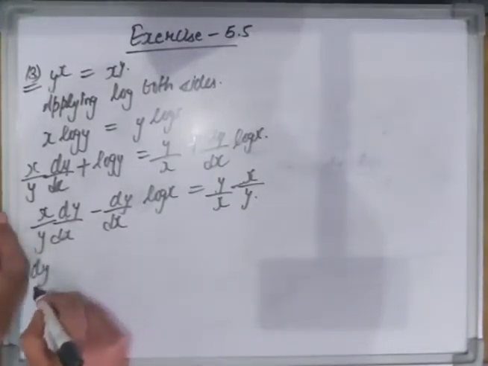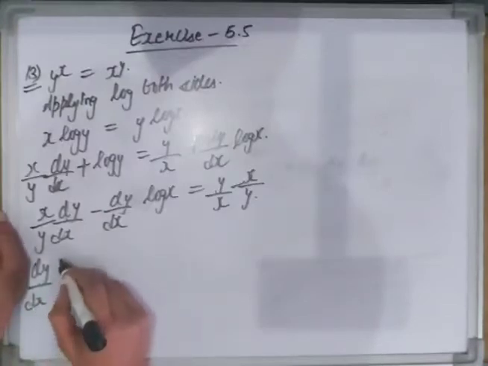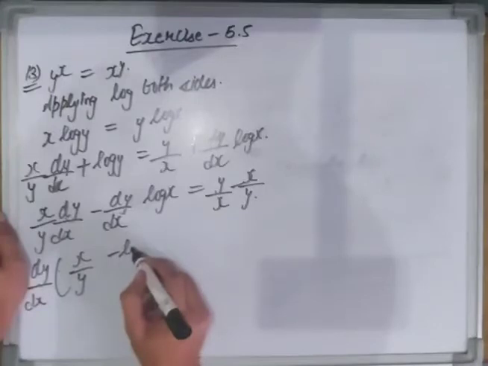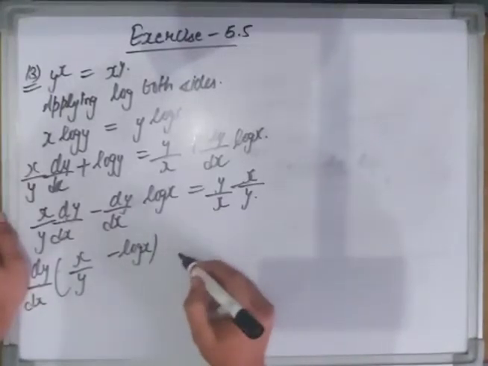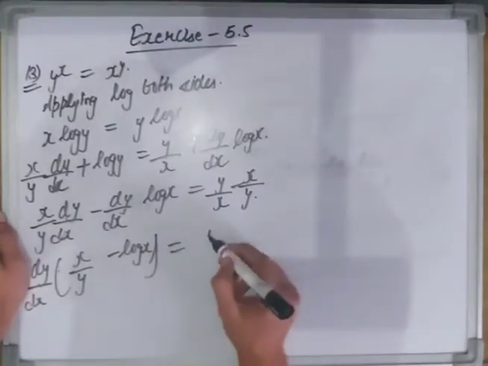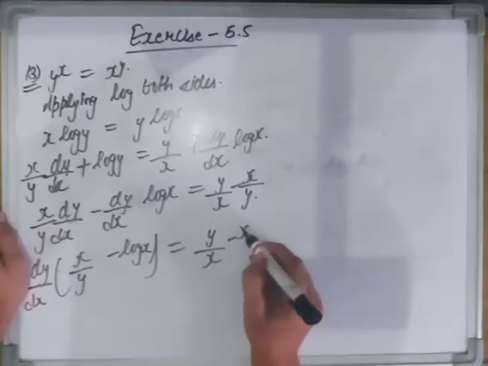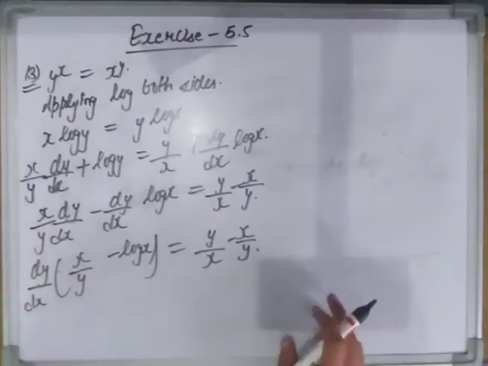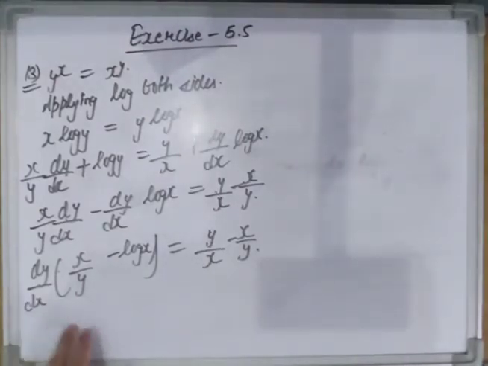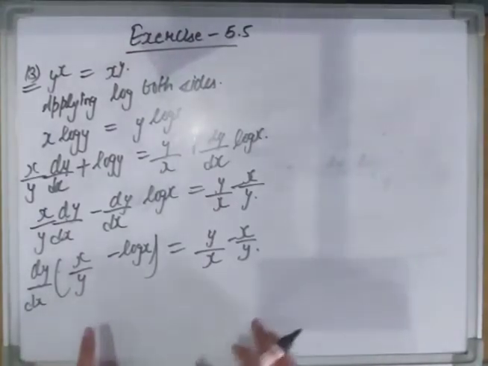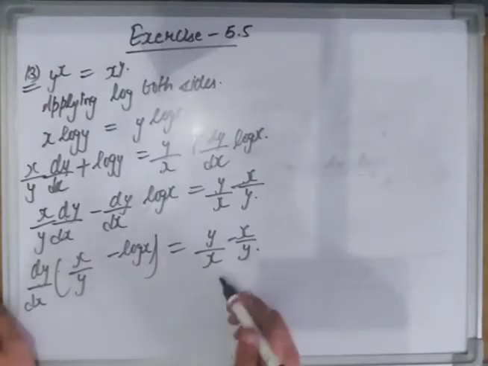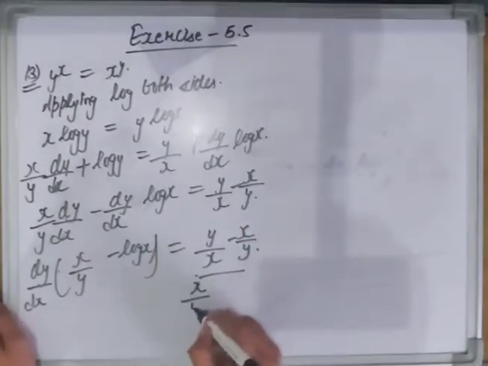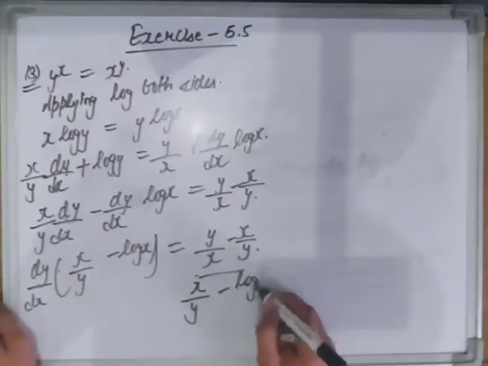Taking out dy upon dx, we have x by y minus log x equals y by x minus log y. Now what we need to do is take this x by y minus log x to the denominator of the right hand side.